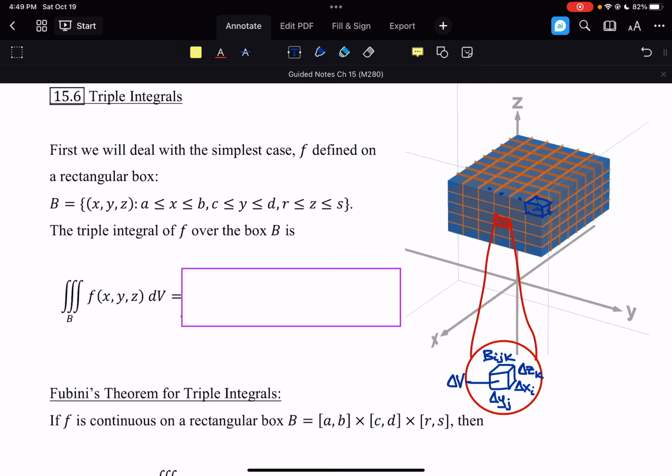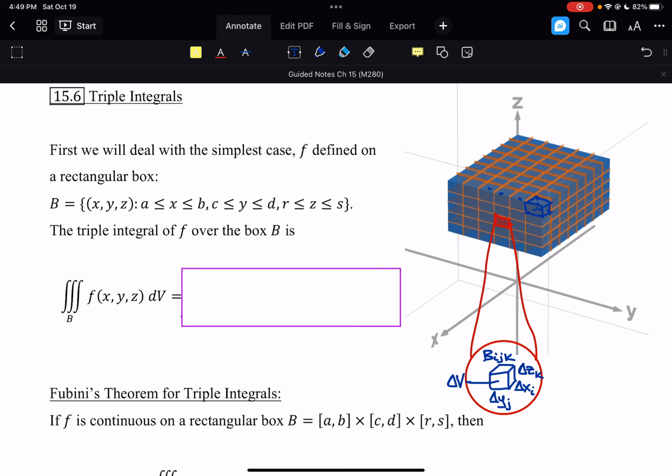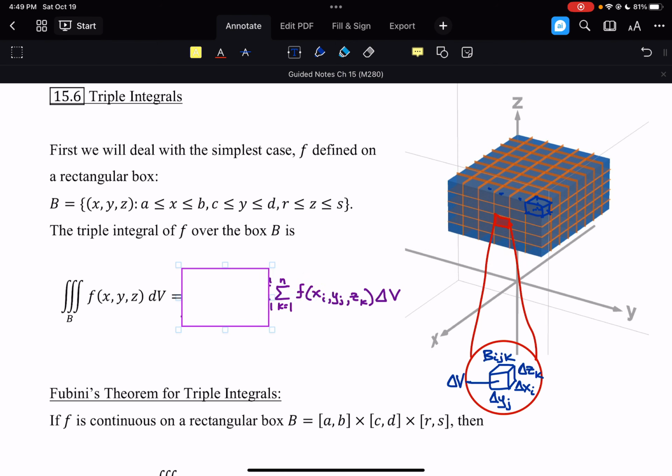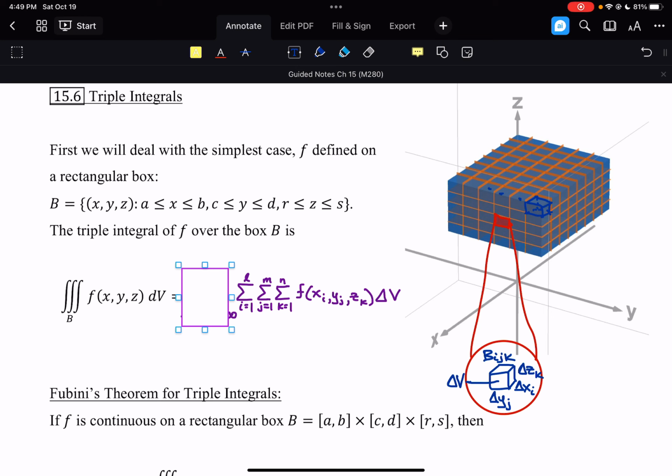Now, what we will then do is add up all the values we get for every single box. So we have here a triple Riemann sum.